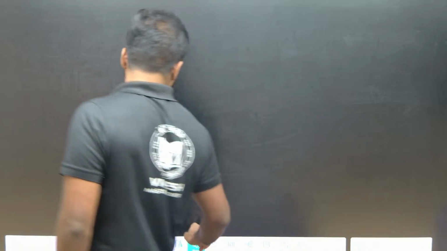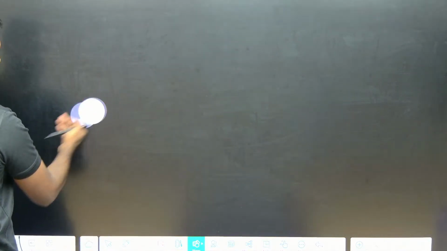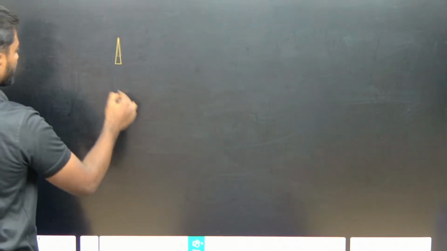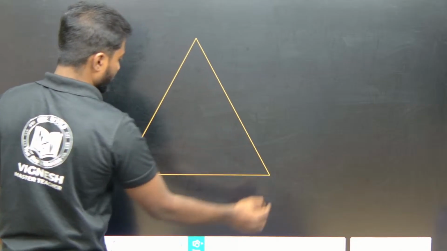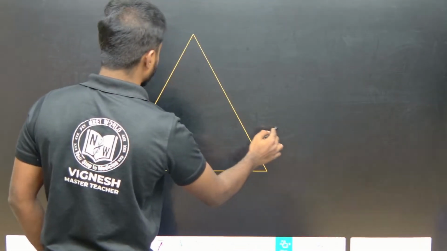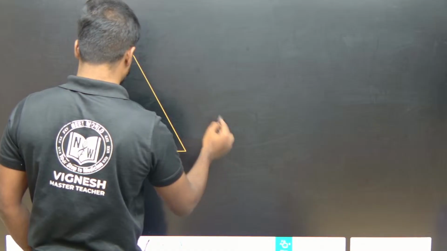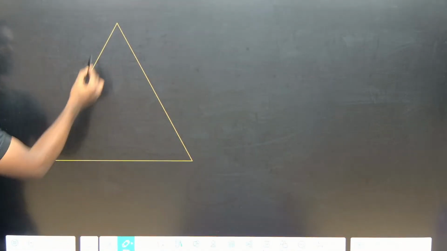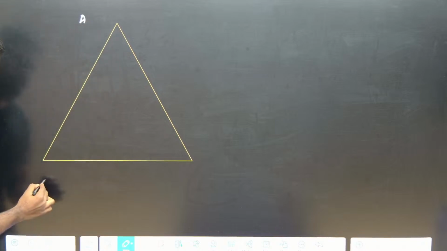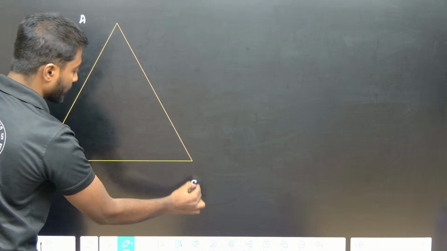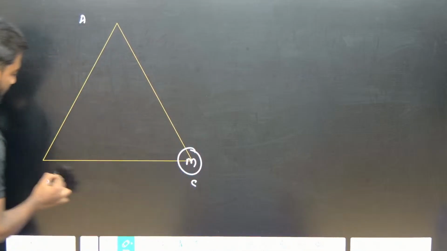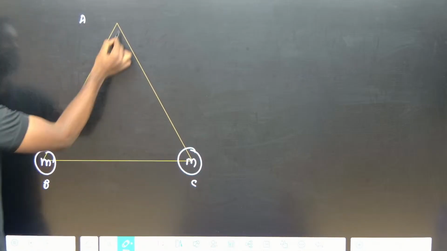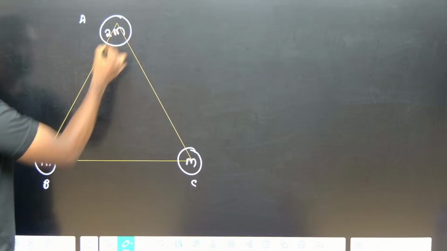So let me take a triangle. Okay, now this is A, B and C. So this is my M and this is my M and this is my 2M.